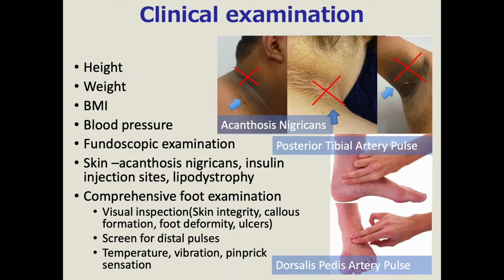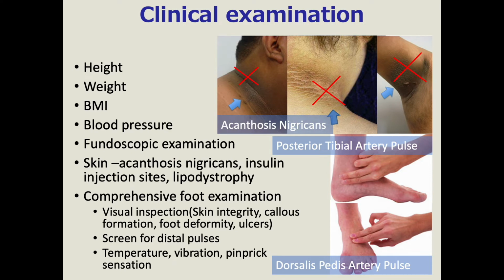Now let us look at the clinical examination of a diabetic patient. You have to check parameters like height, weight, and BMI to check whether they are overweight or obese, and blood pressure, fundoscopic examination, and skin for acanthosis nigricans.